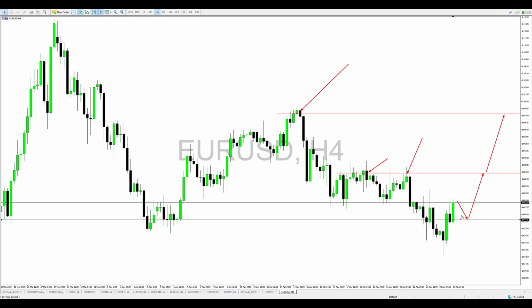So expect a bit of a retracement on EURUSD to probably 1.079 before market can push to the upside, or it can open and push to the upside all the way to 1.0876. So that's my focus, guys, for the upcoming week.